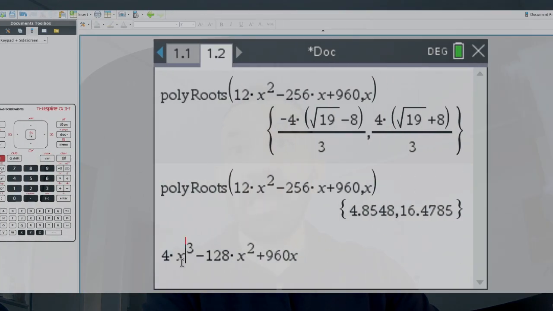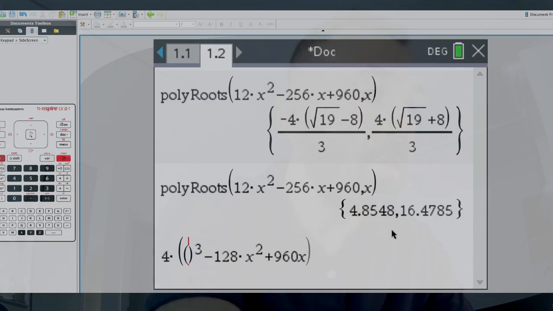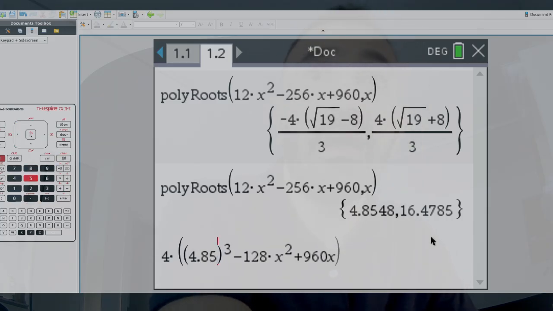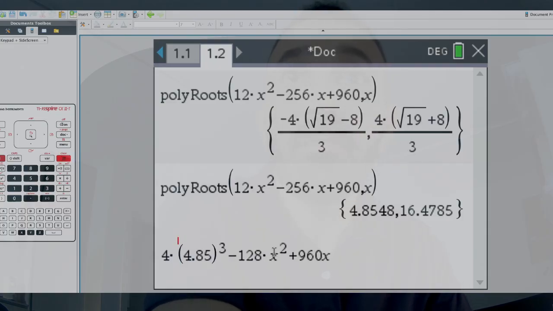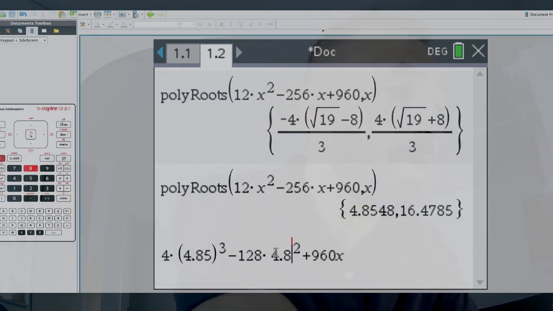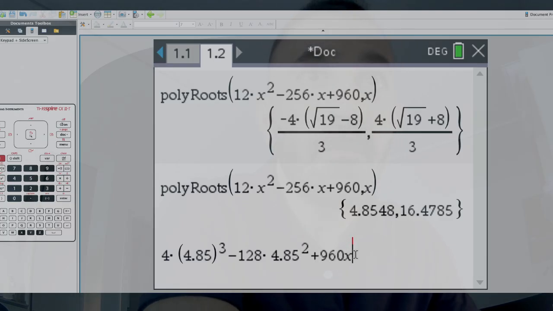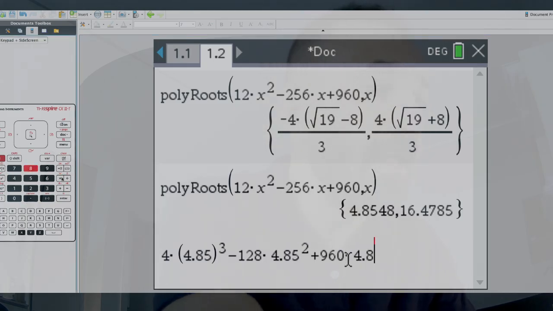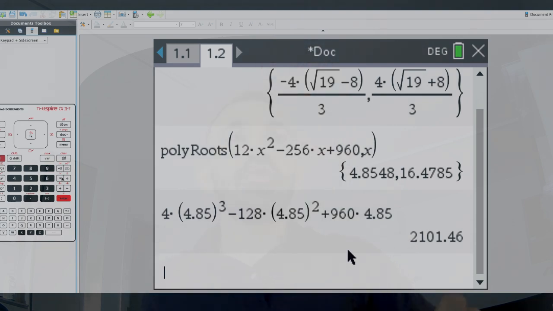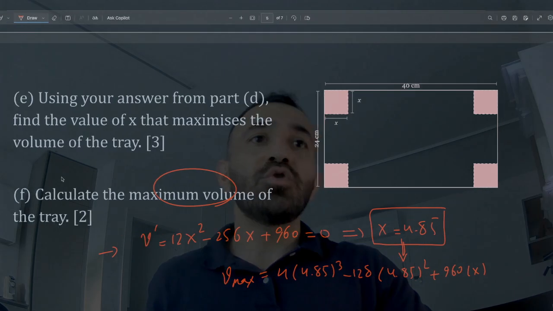Instead of x, I have to put 4.85. Press enter. 2101.